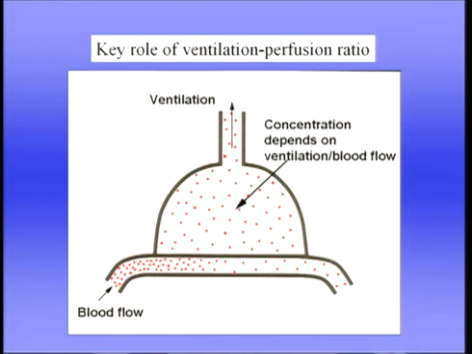In other words, the ventilation perfusion ratio determines the gas exchange in any one lung unit. Now, you may say, well, that doesn't look intuitively obvious to me. Why should that ratio do that? And here's a model that I think may help.